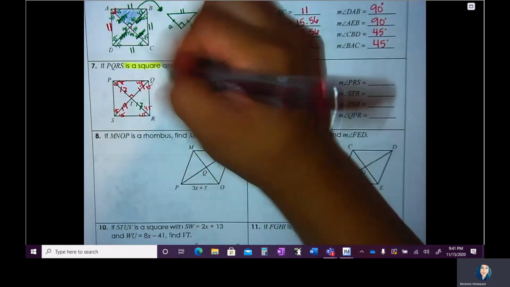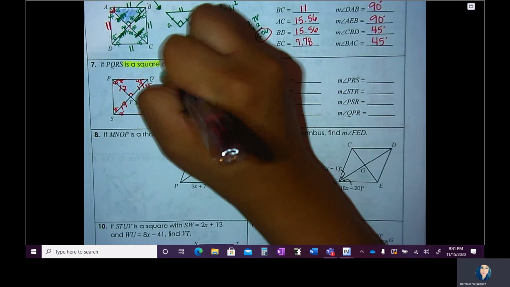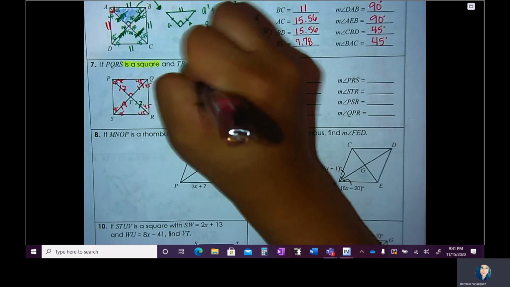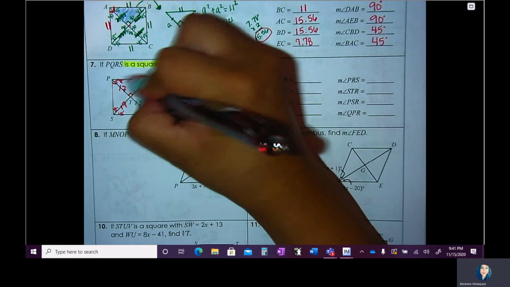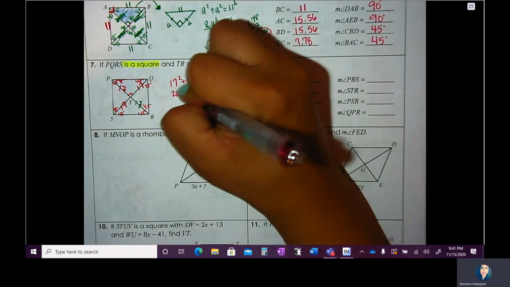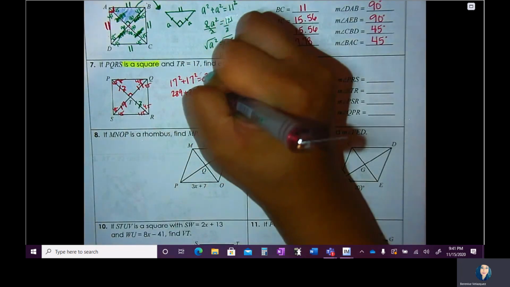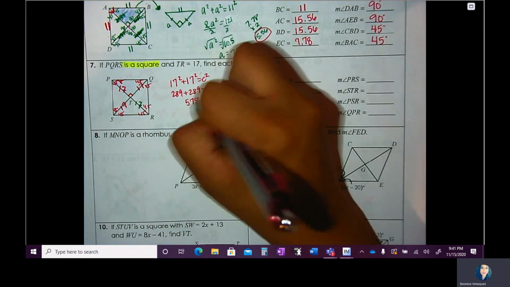Now that we know that, again, we can pull out a triangle, and the triangle is going to look like this. 17 squared plus 17 squared is equal to c squared. This is going to be my side, so we're looking for one of the sides. I'm going to take my calculator and do 17 squared. So 289 plus 289 is equal to c squared. 289 plus 289 gives me 578 is equal to c squared.